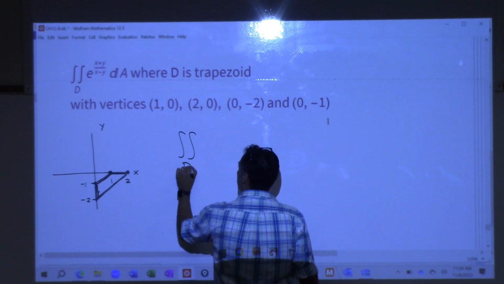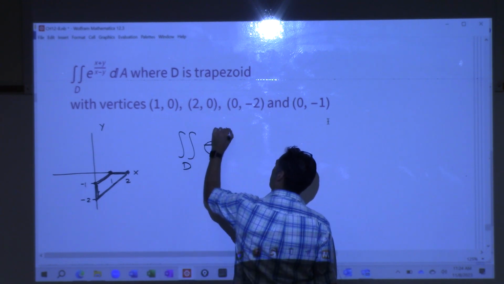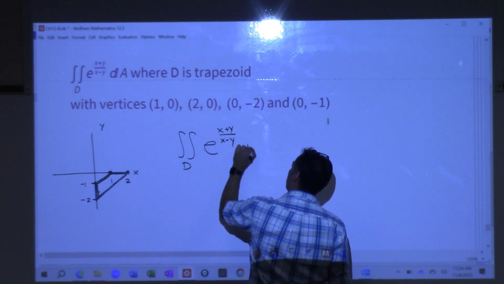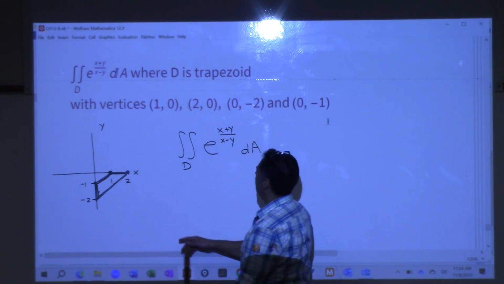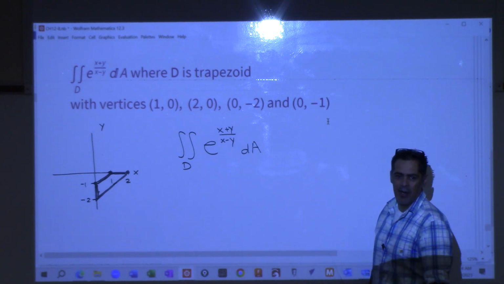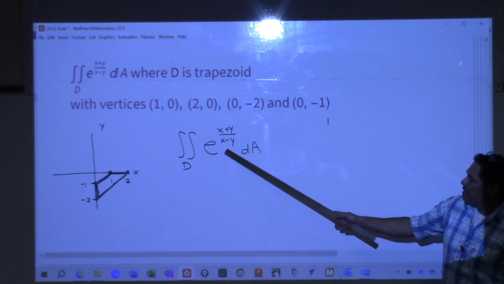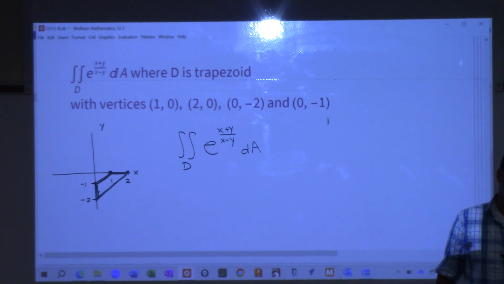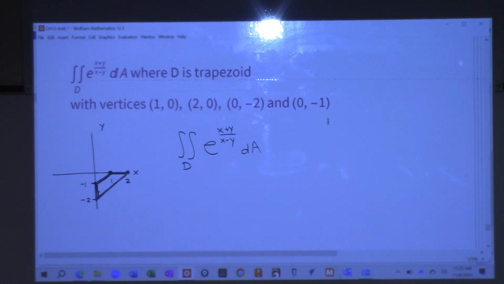Because if we try and do this integral, let's not even try and set up the limits of integration, type 1, type 2. Just think about what you would need to integrate that. If you had to find the antiderivative of this with respect to x or y, how would you do it? Do you see the challenge?